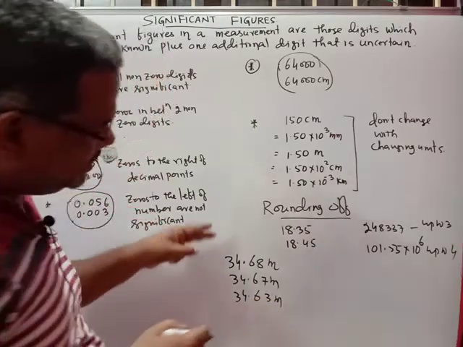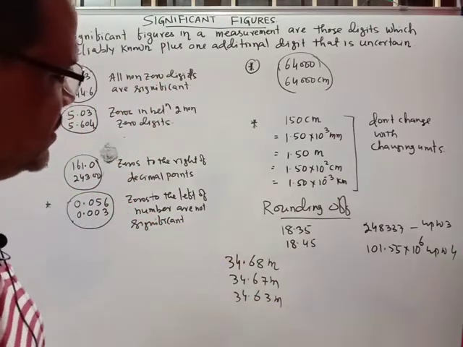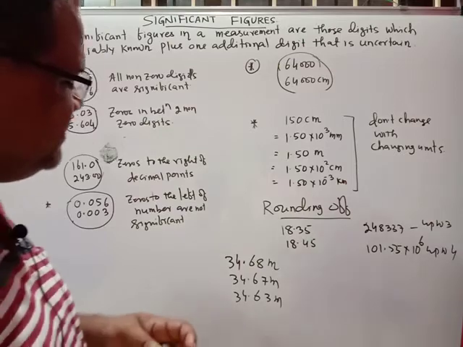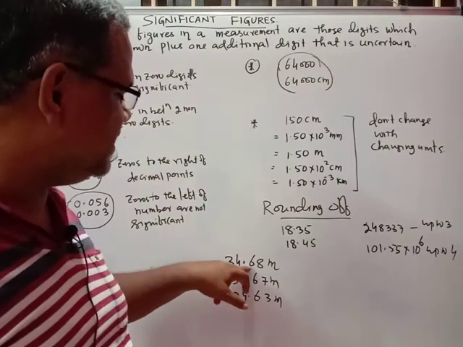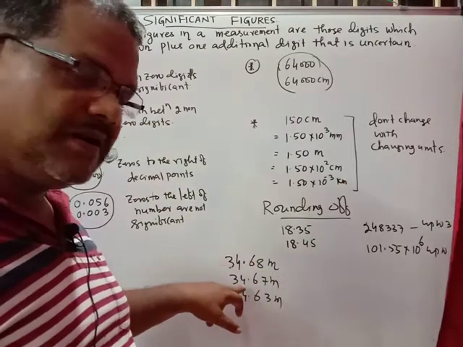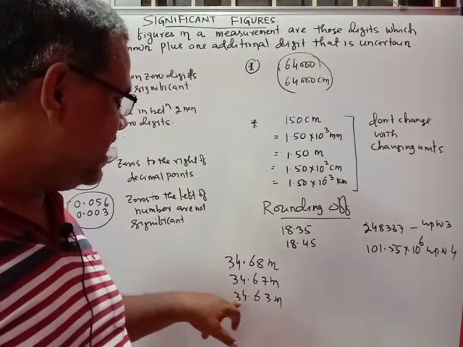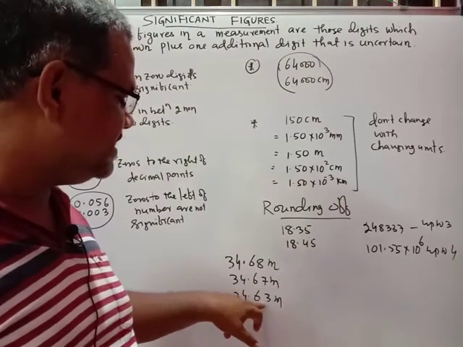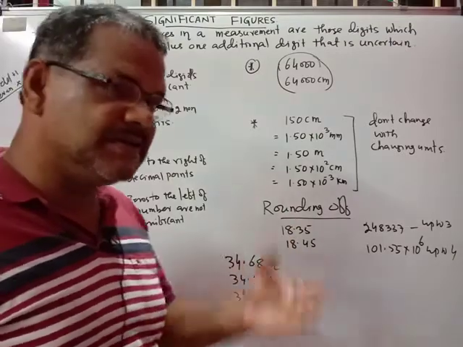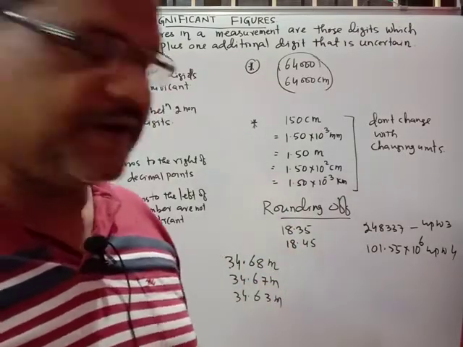So, if the first observer is measuring 34.68 meter, the second one 34.67 meter, and the third one 34.63 meter, the measurement varies from observer to observer.